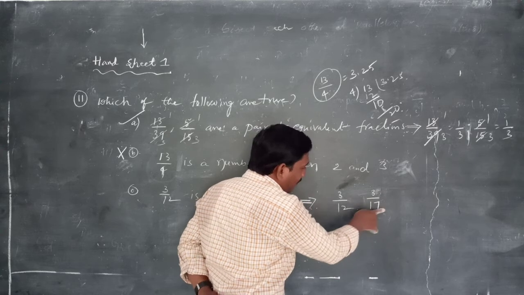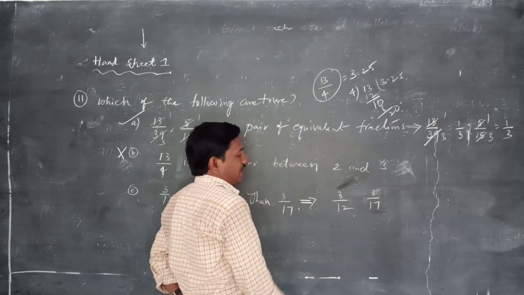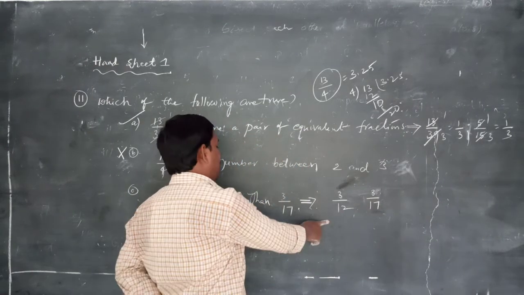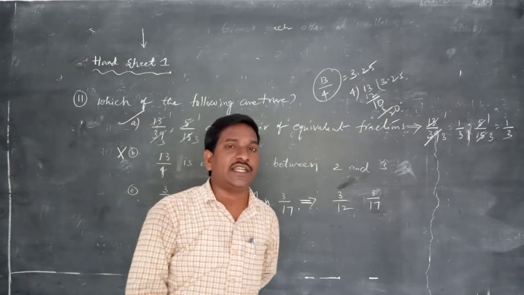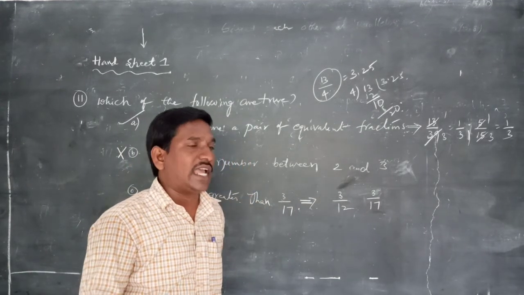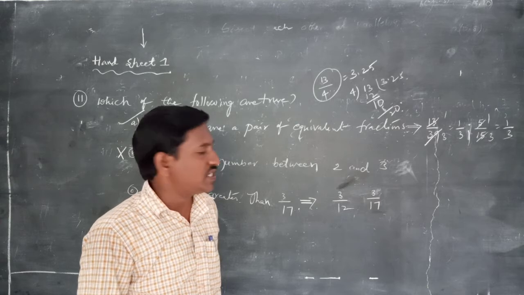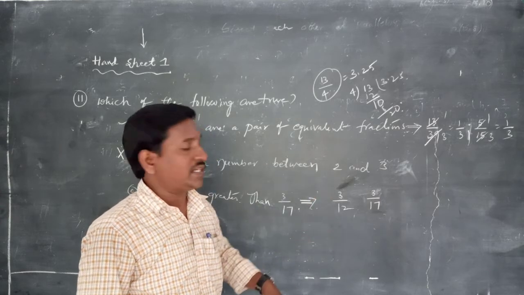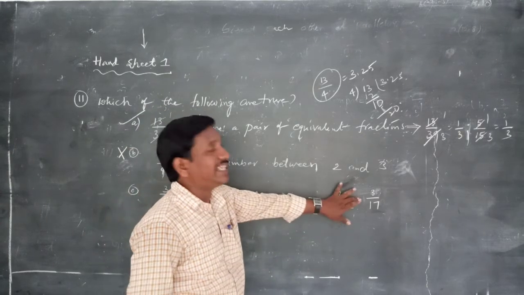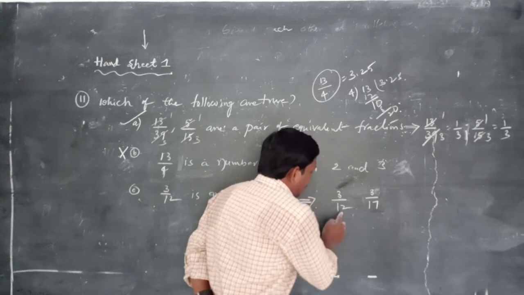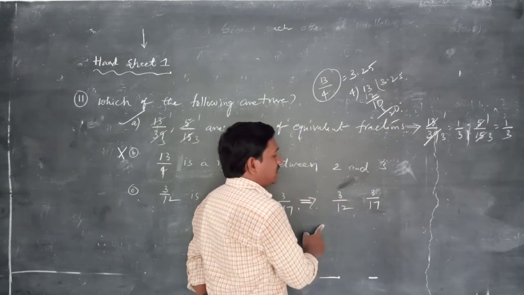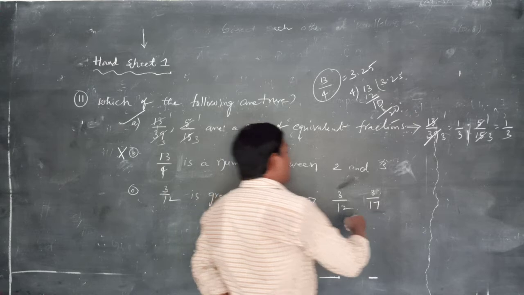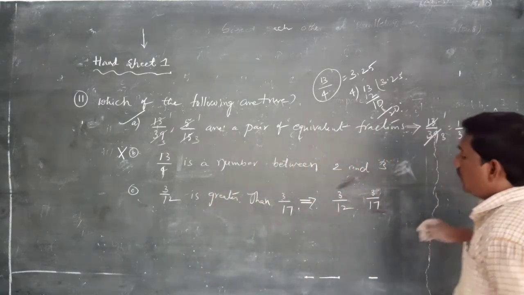So now we have to compare the denominators. When you are arranging ascending order and descending order, we convert to like fractions and compare the numerators. In this model we have to compare the denominators. Here denominator 12 is less than 7. So we have to take the reverse process.